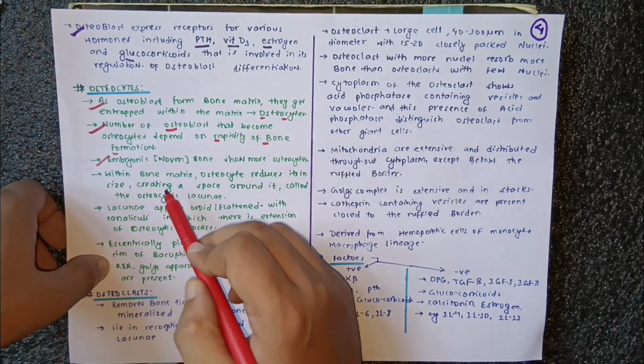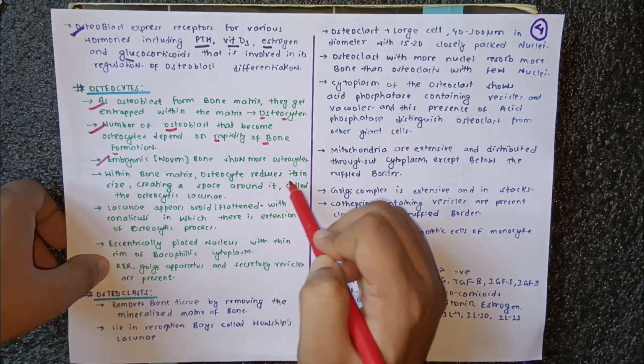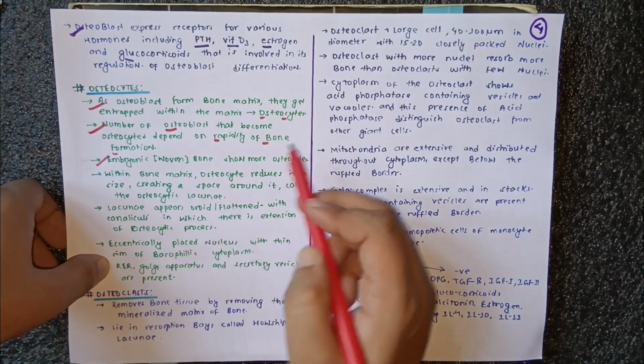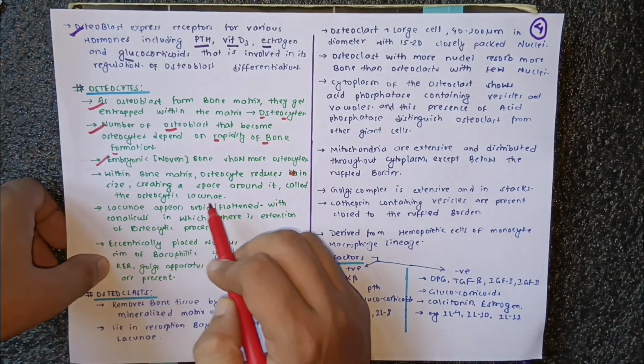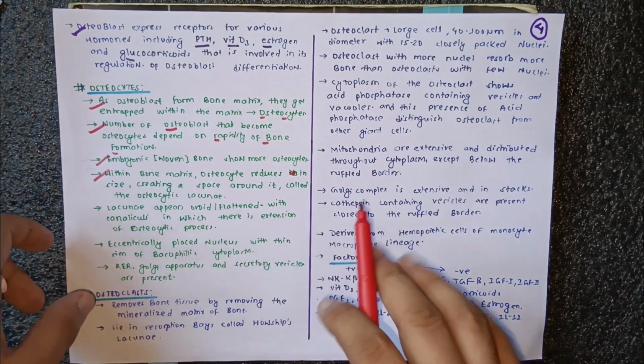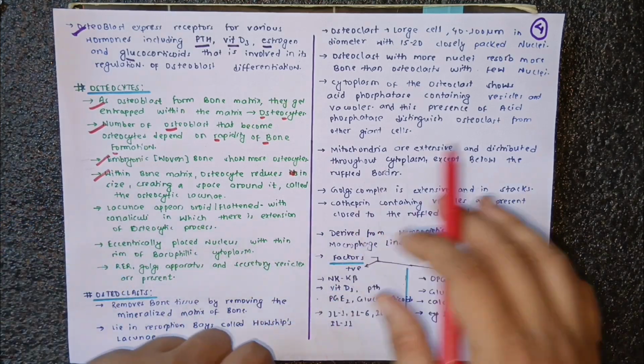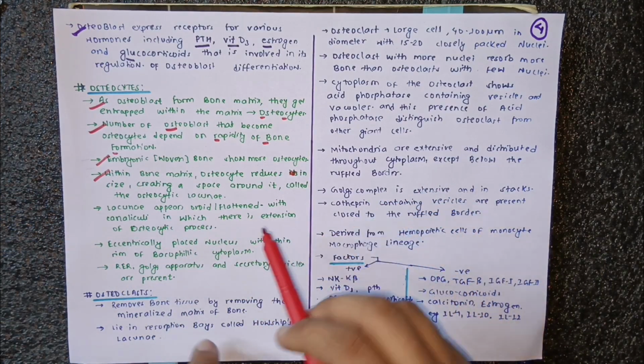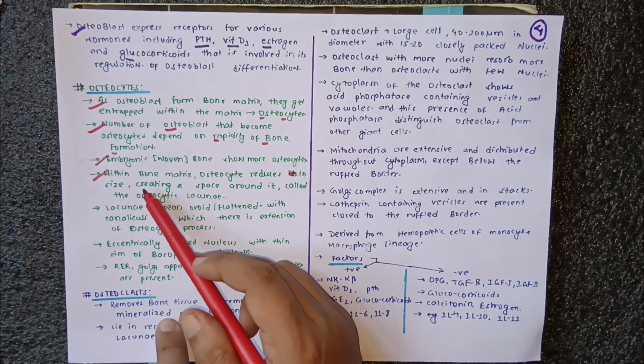After that, within a bone matrix the osteocyte reduces in size, creating a space around it called the osteocytic lacunae. This osteocytic lacunae, or the lacunae, means the same. So in the lacunae we can see the osteocyte. The same thing is written here from another perspective.